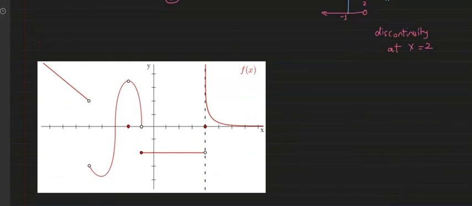For example, here, as x is approaching, what's that value? If you say that's -1, -2, -3, -4, and this is -5. So the limit for that function as x approaches -5, what would it be? From the left, we have that value, right?